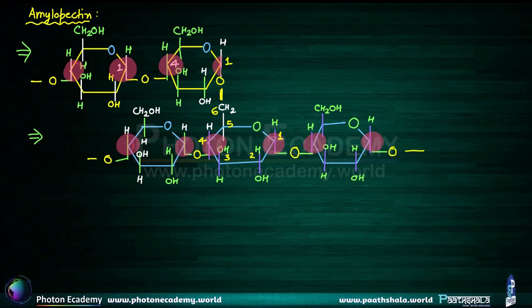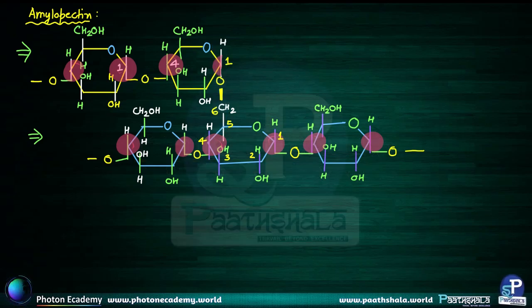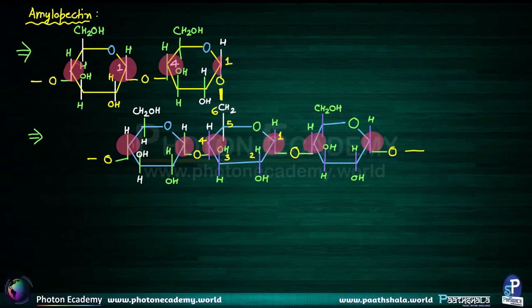So these two combine, and we are left with another glycosidic linkage existing between the first and the sixth carbon respectively of these two chains, and we can call it a glycosidic linkage, and the branching occurs by C1 C6 glycosidic linkages. So here in amylopectin, what we saw is that it is a branch chain polymer.